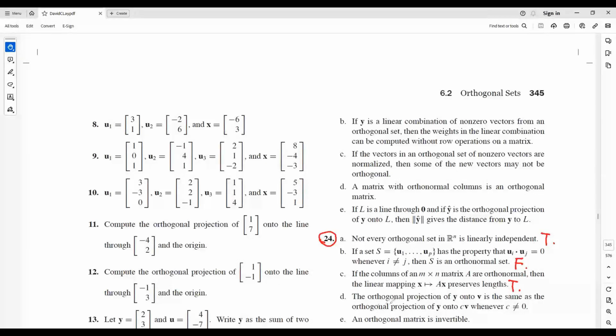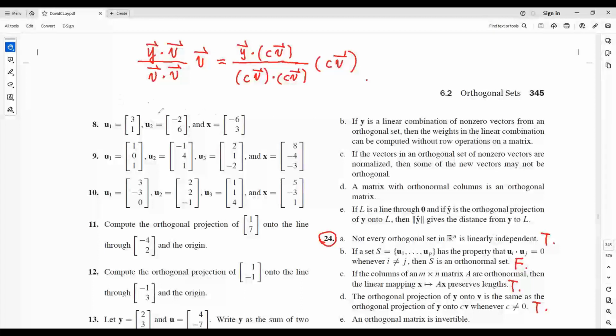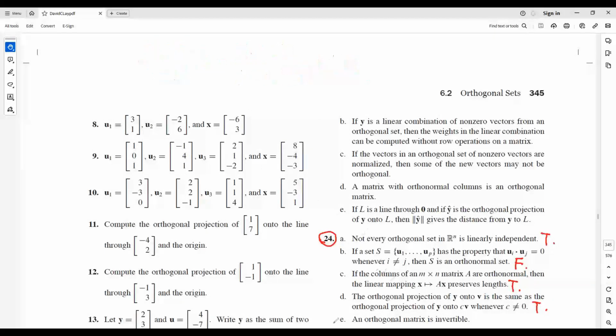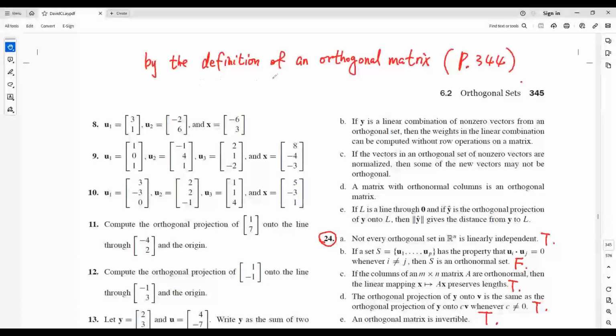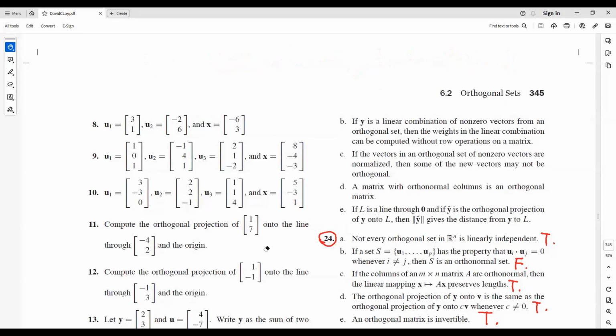D. The orthogonal projection of y onto v is the same as the orthogonal projection of y onto cv whenever c is not equal to 0. True. Because we have this one. E. An orthogonal matrix is invertible. True. By the definition of an orthogonal matrix, an orthogonal matrix must be invertible.